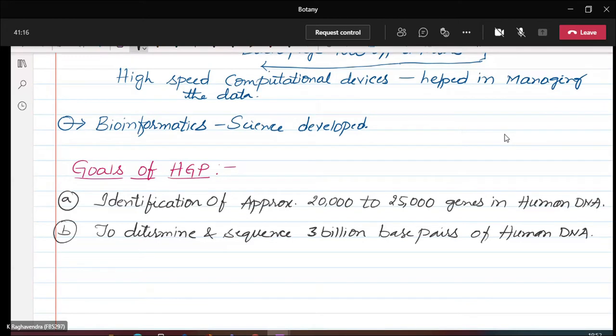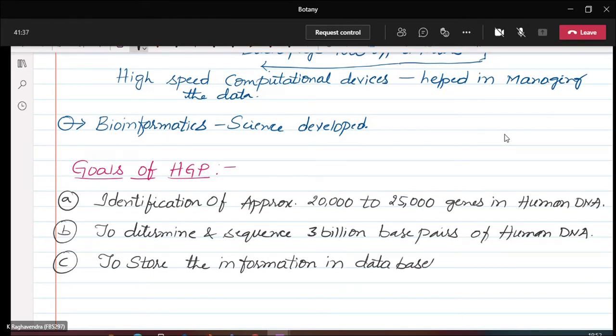Third, to store the information in a database. Fourth, to improve the tools for data analysis.